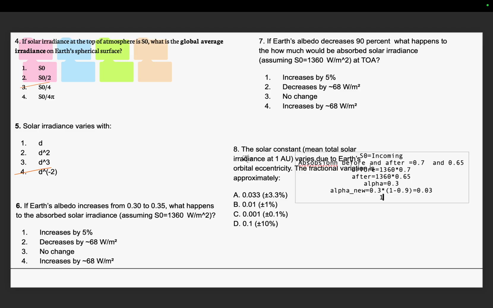So you have 1360 into 1 minus 0.03, 1 minus 0.03 is equal to 19.2. So it will be decreasing if the Earth's albedo decreases 90%.